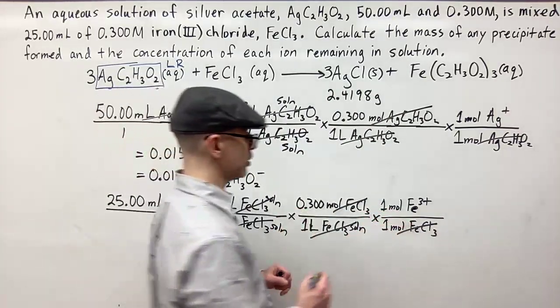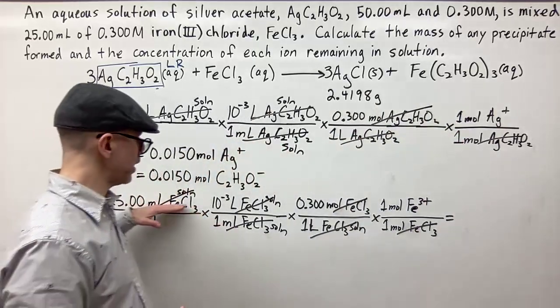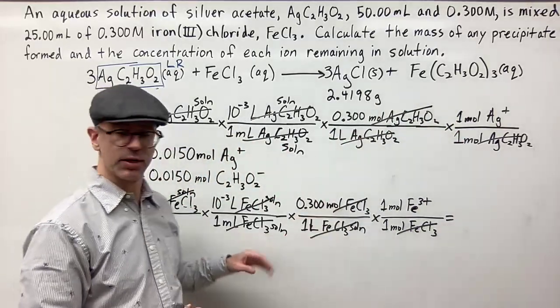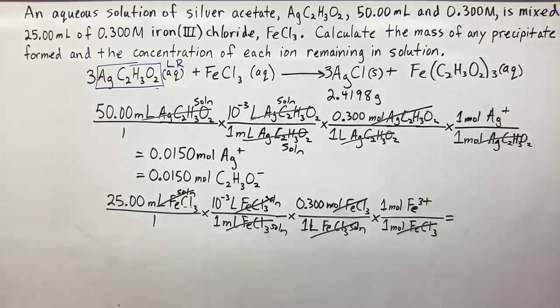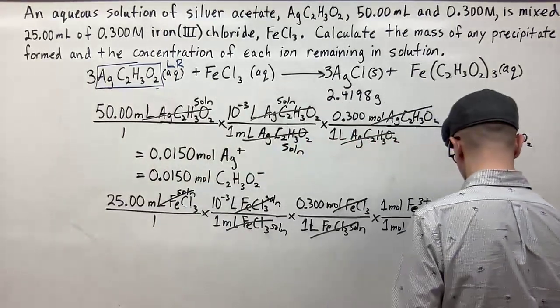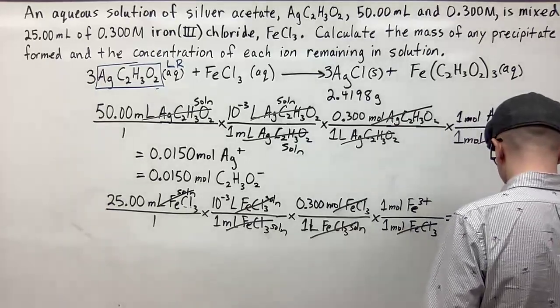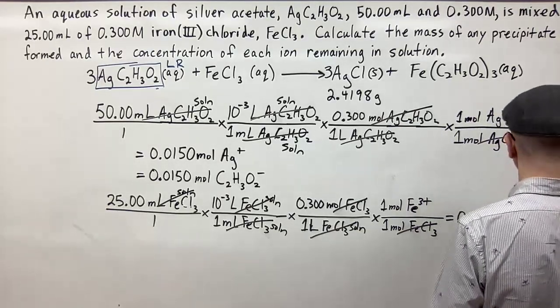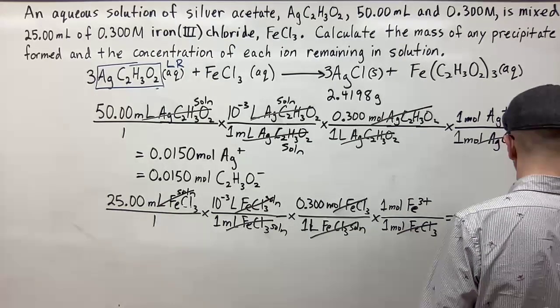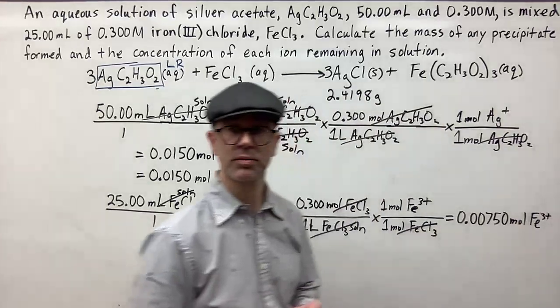So now I can just calculate that by multiplying across the top and dividing by the bottom. And when I do that, I get 0.00750 moles of Fe3 plus.